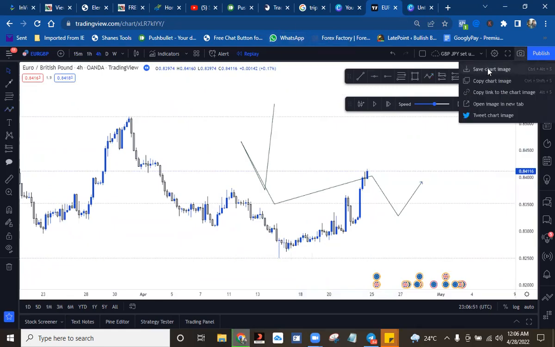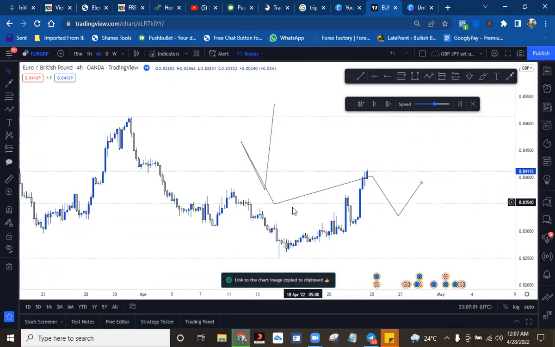It's going to ask me, do you want to save the chart image, or copy the chart image, or copy the link of this chart image? So if I click on copy the link, it's going to give me a link. All right, I've copied it. It means that if I post this link for you guys right now in the chat group, if you click on the link, you will see my exact chart.